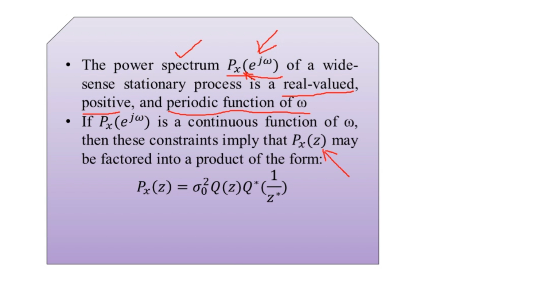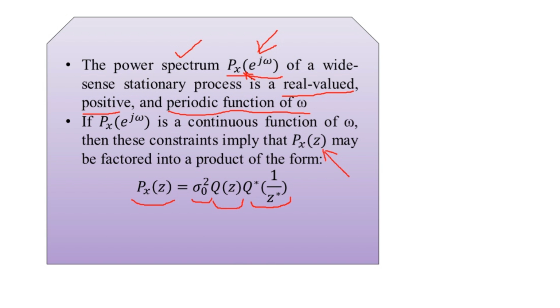Now in this mathematical expression, this Px of z, one and the same, that is the power spectrum, can be factored into three terms here. The first term is sigma 0 squared. The second term is capital Q as a function of z, and the third term is Q conjugate as a function of 1 upon z conjugate.